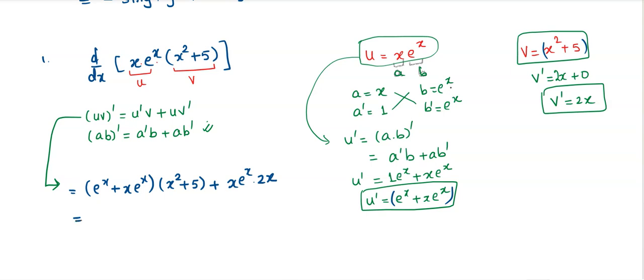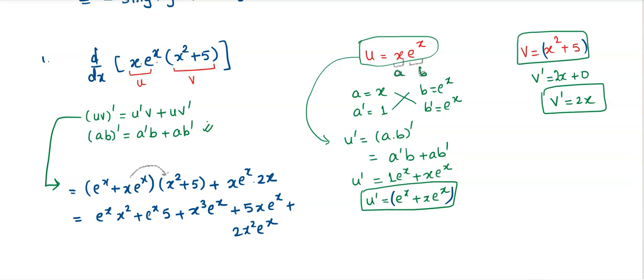Just simplify then. e power x times x power 2 gives x power 2 e power x, and e power x into 5 gives 5 e power x. Then x power 3, e power x, because when you multiply this with this, x power 2 times x becomes x power 3. And then plus 5x e power x plus 2x power 2 e power x.